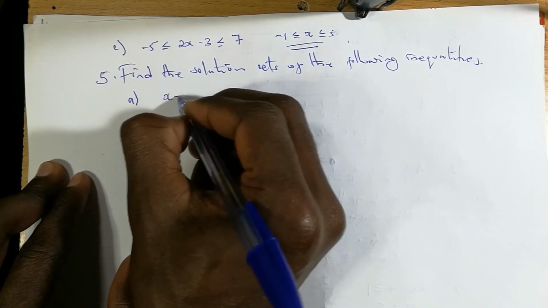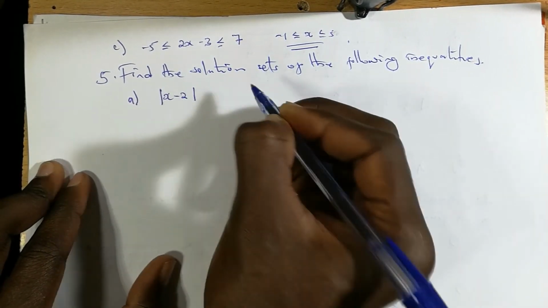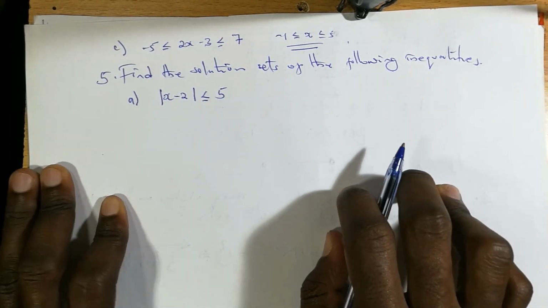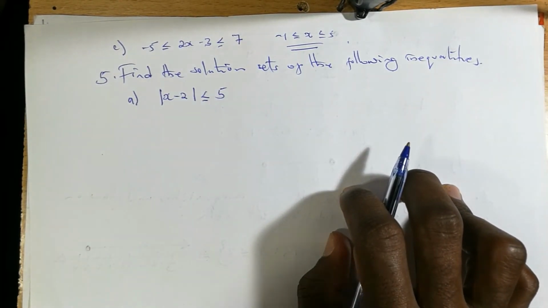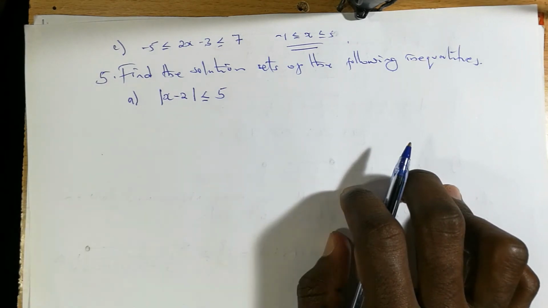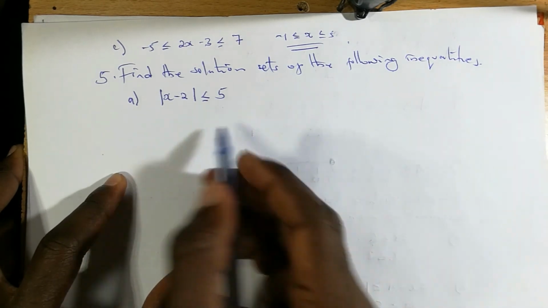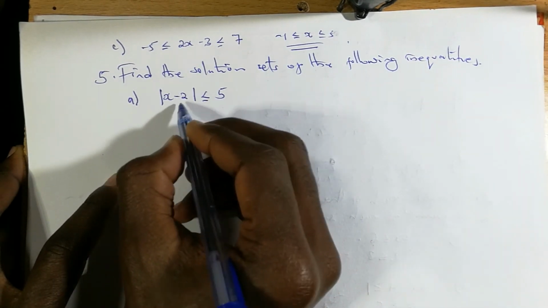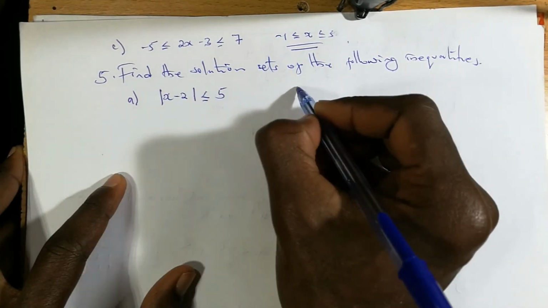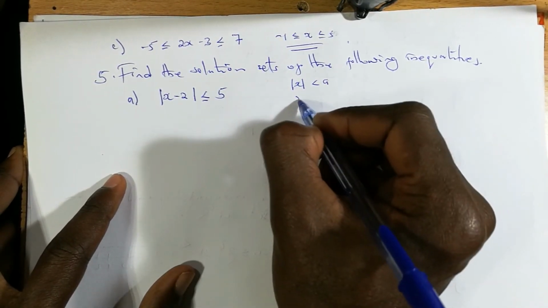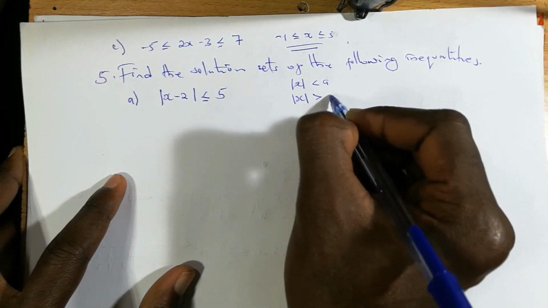This one is going to help us handle the last part we handled in the previous video, which is the modulus. And if you remember our note in our previous video, you can check it. For inequalities, we said we had two scenarios: when the modulus of x is less than a, and when the modulus of x is greater than a.